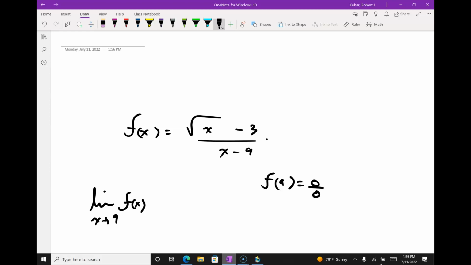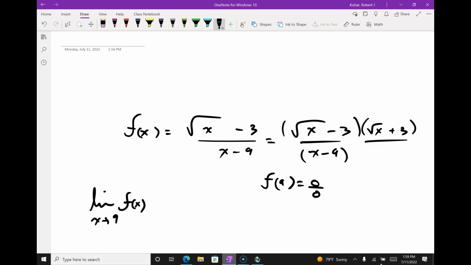So what we do is we use the conjugate. So the conjugate is radical x plus 3 over itself. What am I actually multiplying by there?